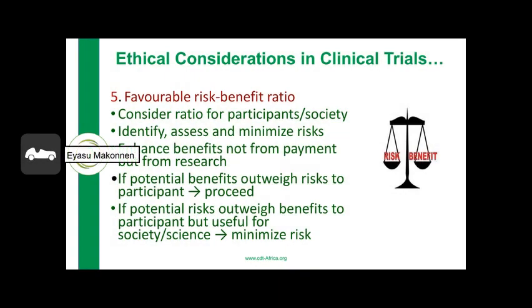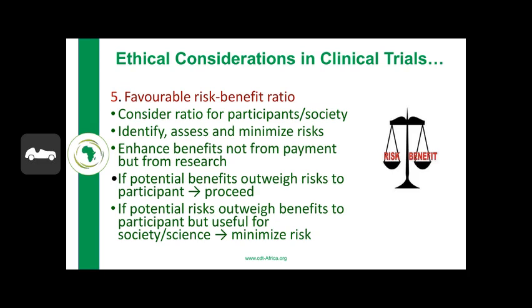A clinical trial should have a favorable risk benefit ratio. This ratio should be considered not only for participants but also for society at large. In order to estimate the risk benefit ratio, we have to identify the risks and benefits first, followed with assessing them.